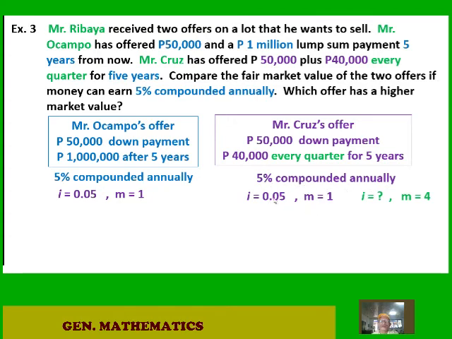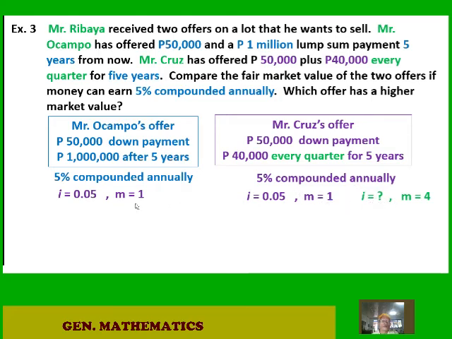So we have to look for an equivalent rate I, which is compounded every quarter, equivalent to 5% compounded annually. 0.05 annually is M equal to 1.